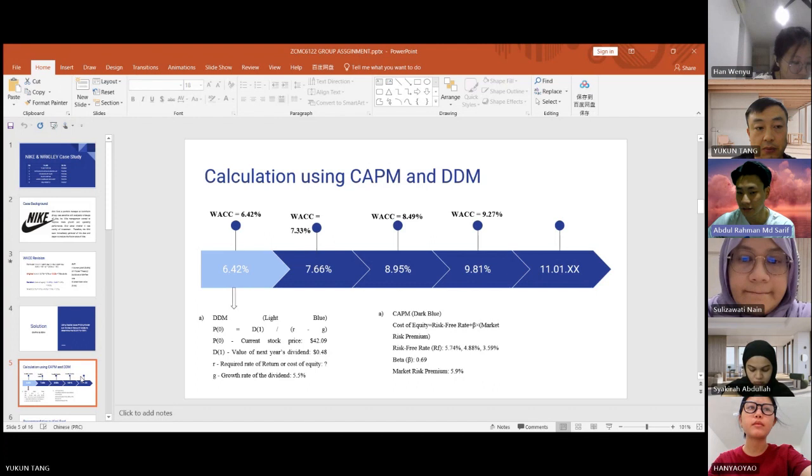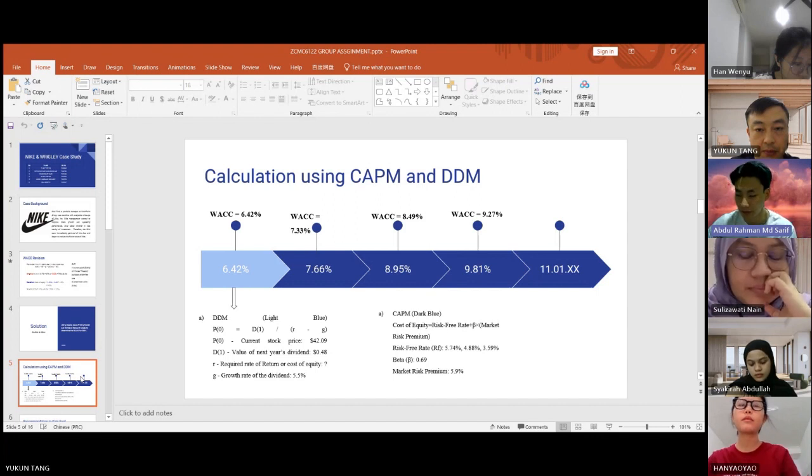The indicators used here are useful to determine the required rate of return. But the disadvantage is the high assumption on dividend rate and growth rate, which might be a double-edged sword. So it's not really suitable for companies with unstable dividend payment. In terms of Nike, it is good that we use DDM.